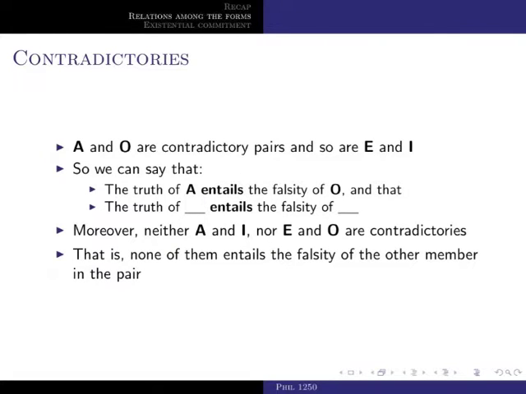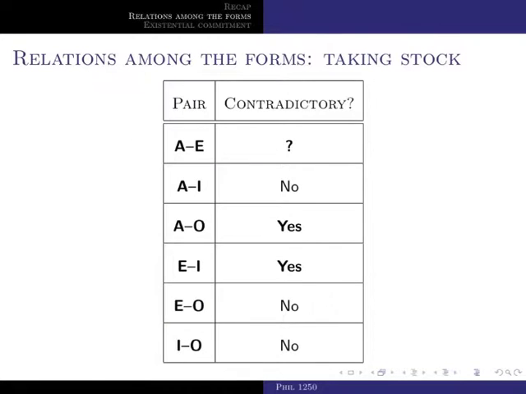This means that A does not entail the falsity of I, and the same goes the other way around. Also, E does not entail the falsity of O, and O does not entail the falsity of E. Taking stock of the relations among the forms, we have found that A and I, E and O, and I and O are not contradictories, whereas A and O and E and I are contradictories.